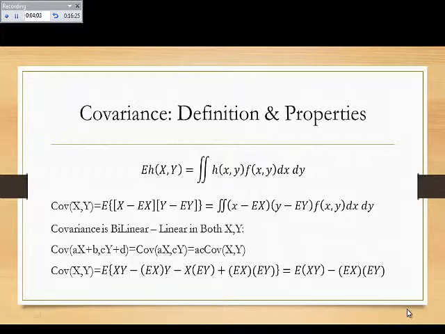So we just take the expected value of this and we expand it. It's x minus E[x] times y minus E[y]. So we multiply it together and we get four terms. It's xy minus E[x] times y minus x times E[y] plus E[x] E[y].